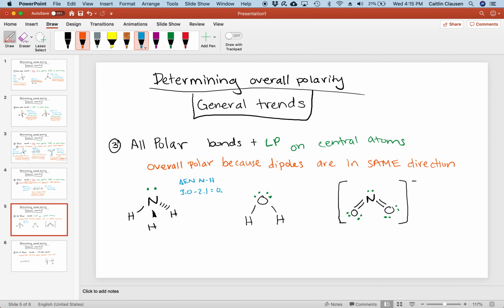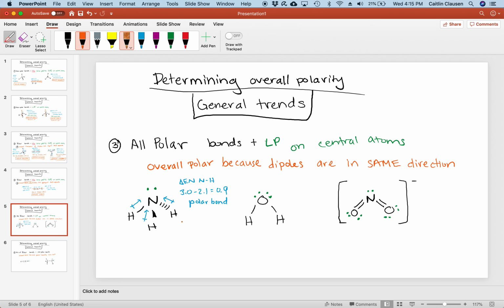That's a difference of 0.9. Definitely a polar bond. They are all going to point towards the nitrogen with the same magnitude. But while they are equal, they're not all opposite because of the lone pair.